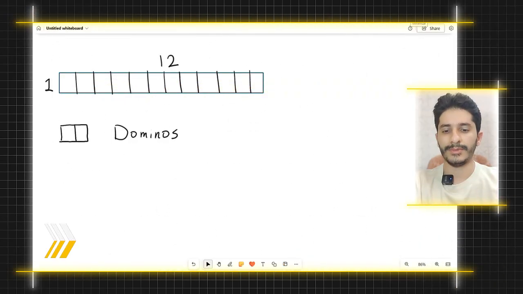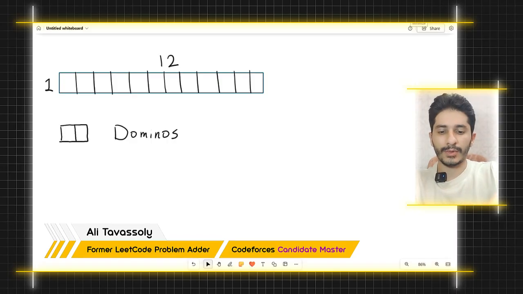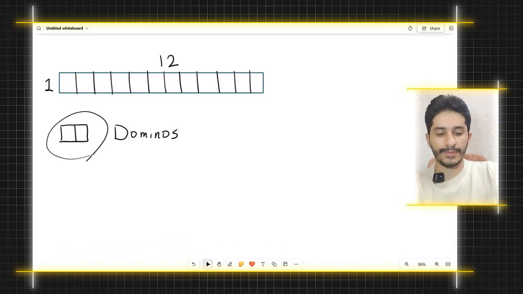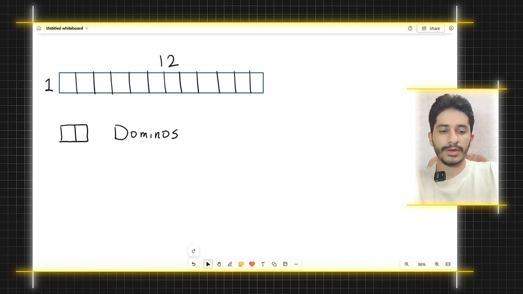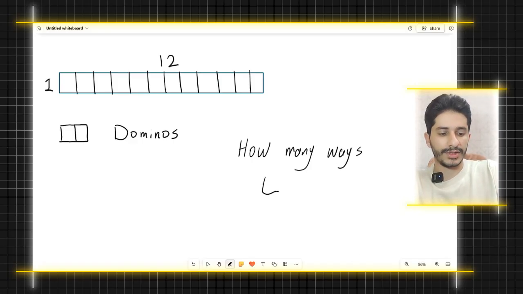So here's the problem statement. It says that we have a tape containing 12 cells, and we have an infinite number of dominoes like this, and it asks in how many ways we can put these dominoes onto our tape such that they should be non-overlapping.